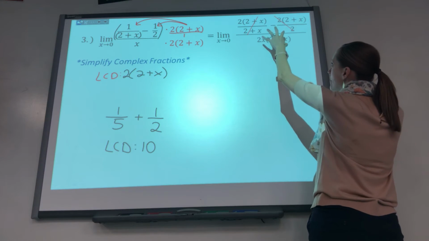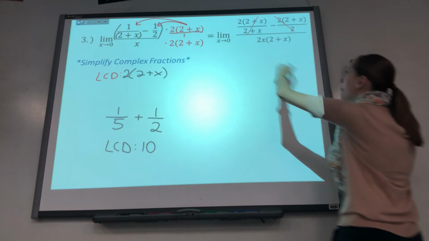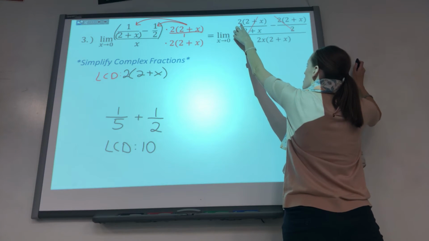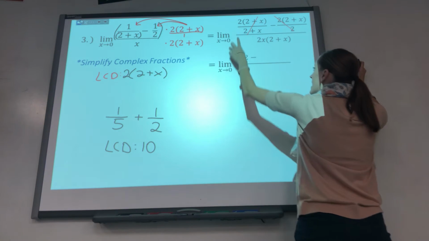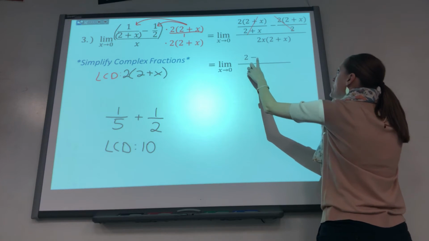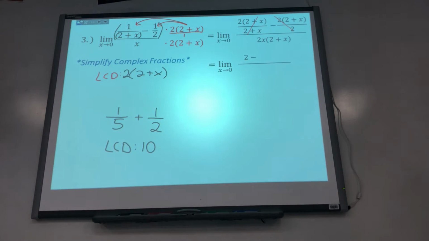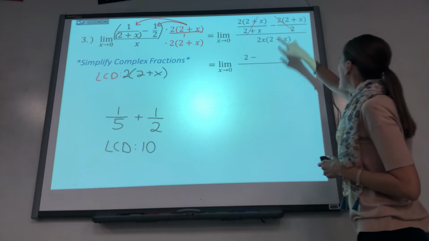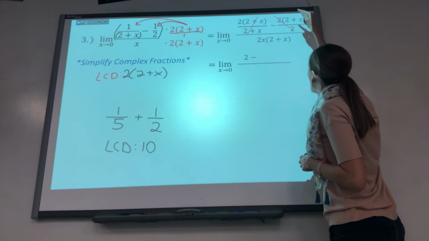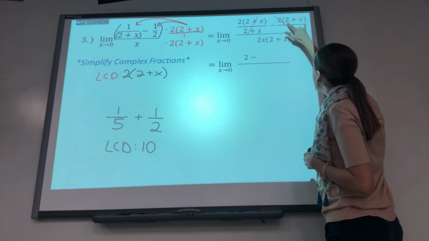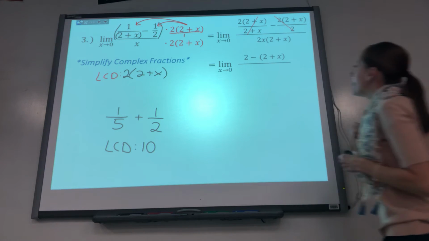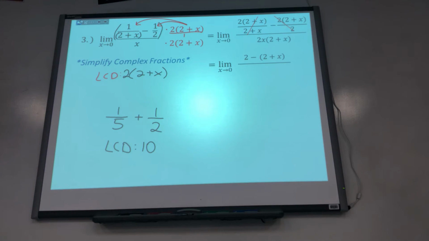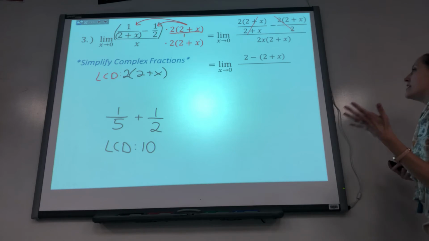Now, if you look at what you have left over, I'm not really doing much to the bottom right now. If you just look at the top, the only thing that you have over here is a 2. So I've got the 2 there, and I've got the minus sign to go with it. But be careful, because what you have on this side is a quantity that really needs to stick together. You're going to end up distributing that minus in just a second. If you want to go ahead and do that, you can.